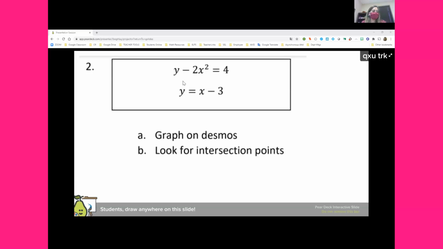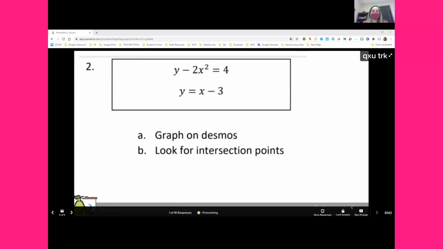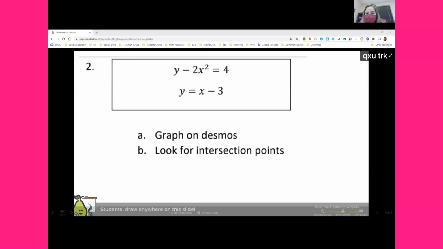So what are my solutions for this one, if it has any? Good job, Mitchell. Good job, Dominic.